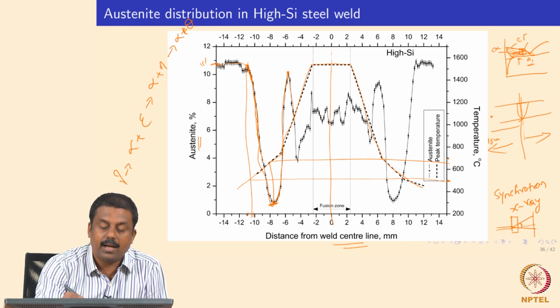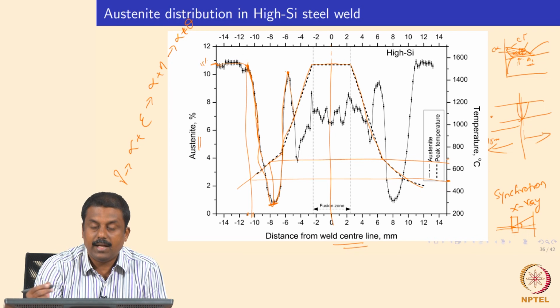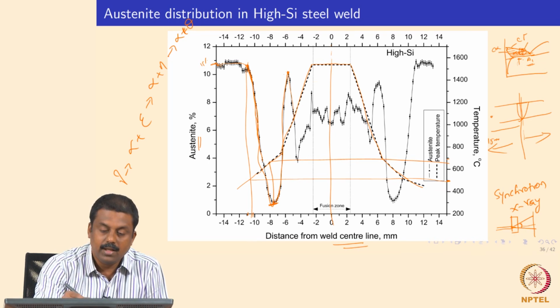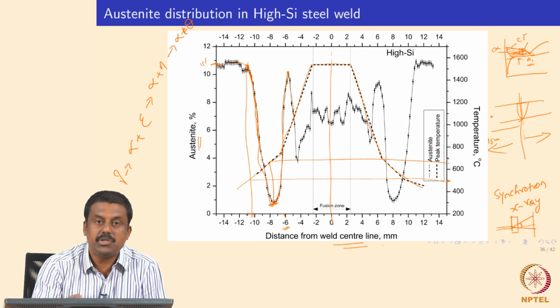At this location you reach the ideal volume fraction of both ferrite and austenite, which can lead to maximum stabilization due to the intercritical annealing, where two phases are coexisting. So you will reach the maximum volume fraction at this location, which is roughly around 6 mm from the weld center line, and this can change.